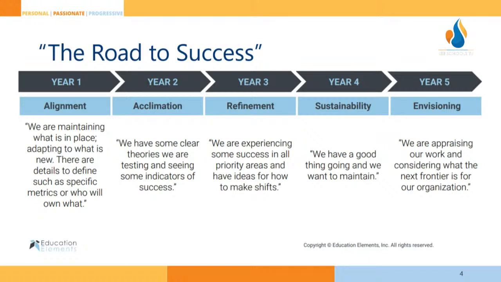So again, just to remember, this road to success is not overnight, but this is what it looks like in terms of the narrowing that occurs from year 1, where we are, all the way to year 5.